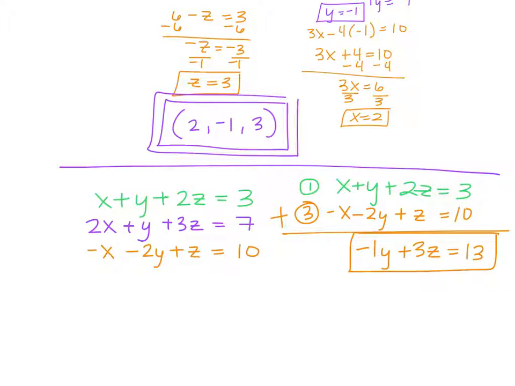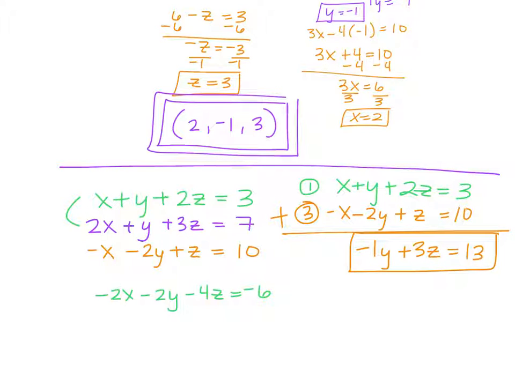So if we take equation 1 and equation 2, you're going to multiply the top equation by what? If we're doing 1 and 2? -2, right? So if we're going to multiply by -2, it's -2x minus 2y minus 4z equals -6.